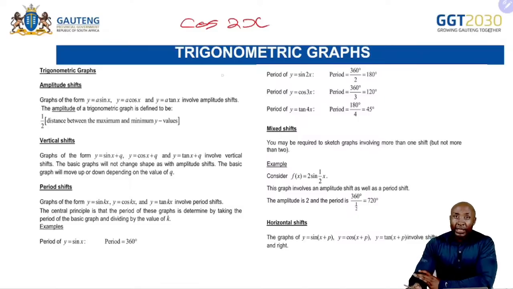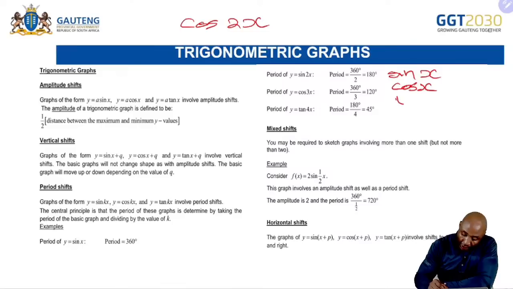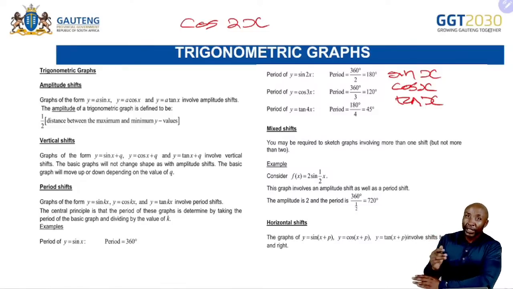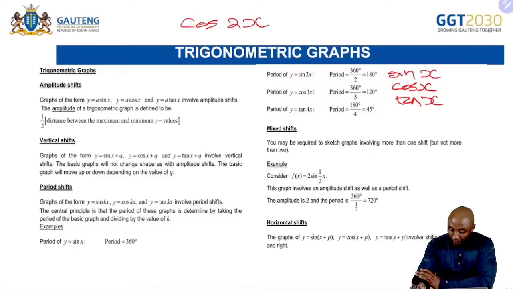Also, what can help us? On the same set of axes, try to draw the basic graph. For example, you draw the graph of sine x, the graph of cos x, the graph of tan x. Then you are able to see what is different in terms of the x-intercepts as well as the maximum and minimum turning points there.